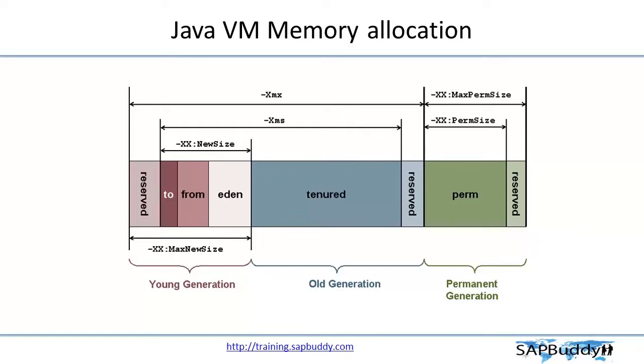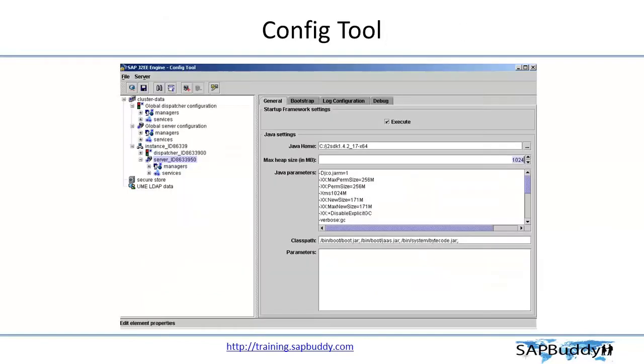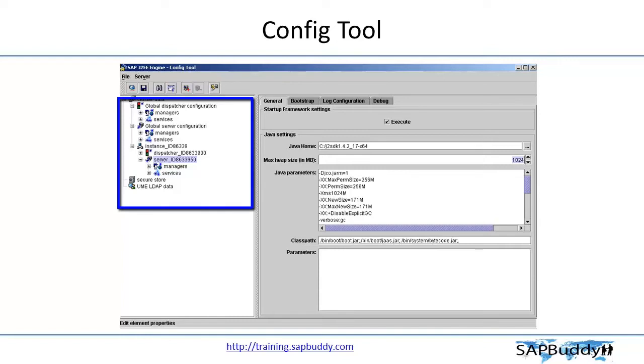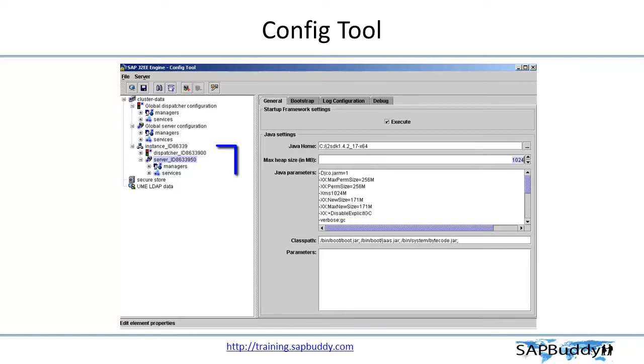Now let us have an overview of the configuration tool. If you see in the window, the left side of the configuration tool displays the structure of the cluster in global setting. In settings for individual cluster elements, the cluster elements are always assigned to an instance with an instance number.